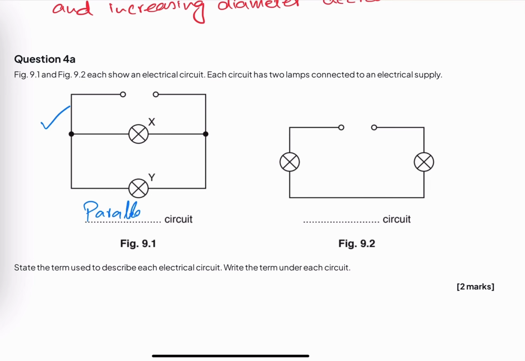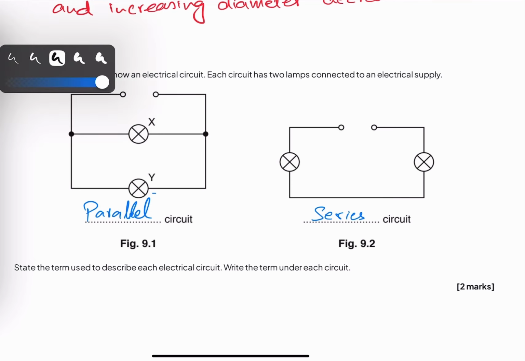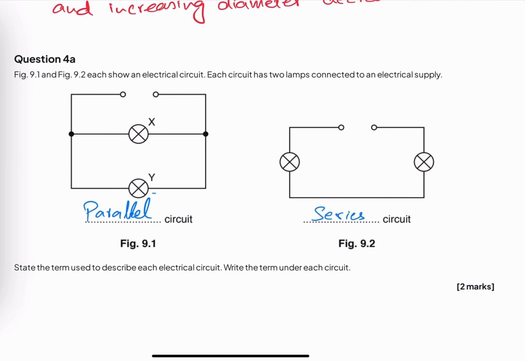How do we know this is parallel? Because if you see, these are the two terminals with which X is attached, with these Y is attached, and with these the power source is also attached. So all the components are attached with the common terminals. So this type is called parallel. The other one is series. Why is this series? Because they are attached in a line, in a row.